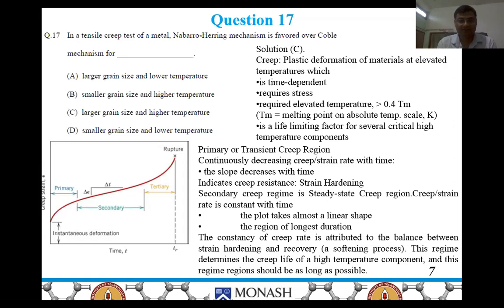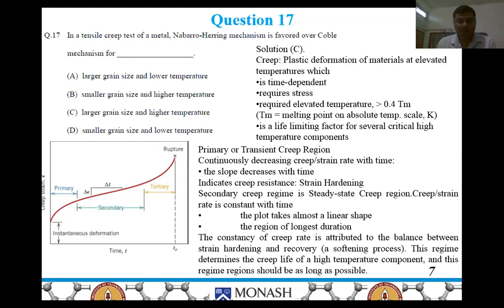So that means the strain rate is decreasing, which means it is strain hardening. And the secondary creep regime is a steady state creep region, and the creep rate dε/dt is constant with time in this region.